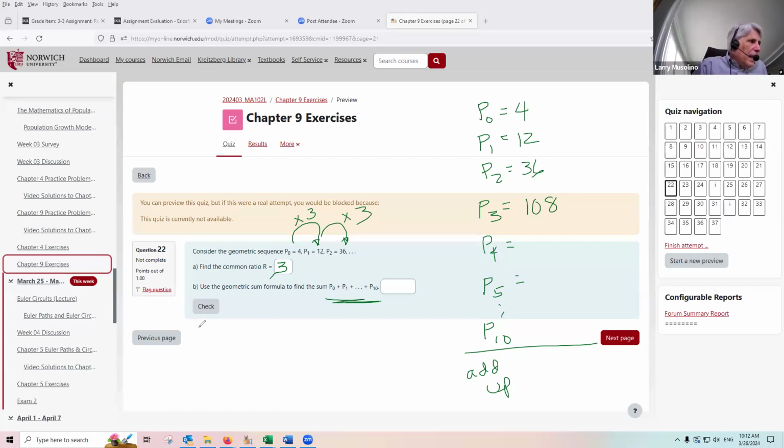It says if you want to add up P sub 0 plus P sub 1 plus all the way up to P sub 10, here's the formula to use. It's R to the n minus 1, times P sub 0, divided by R minus 1.